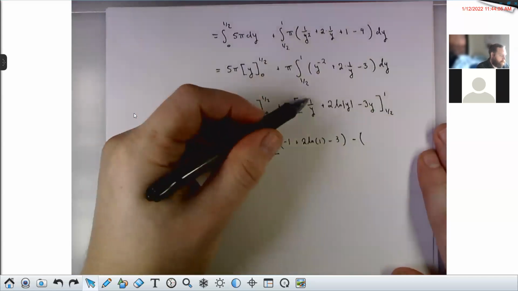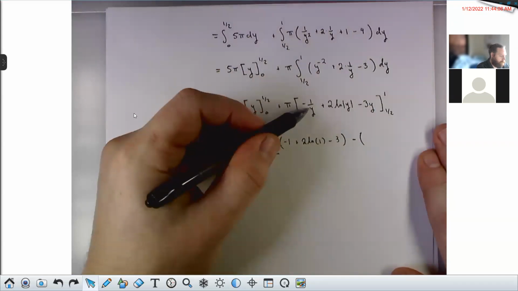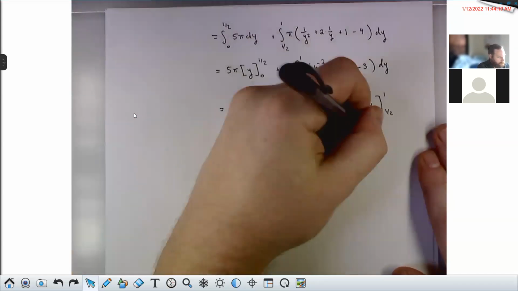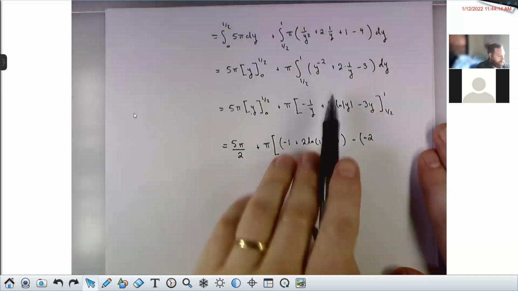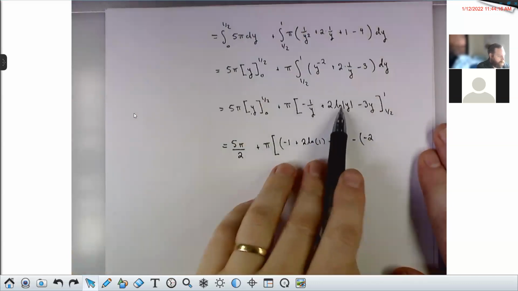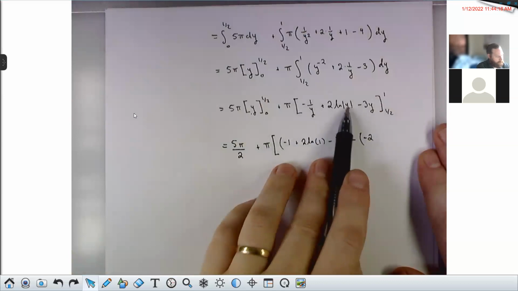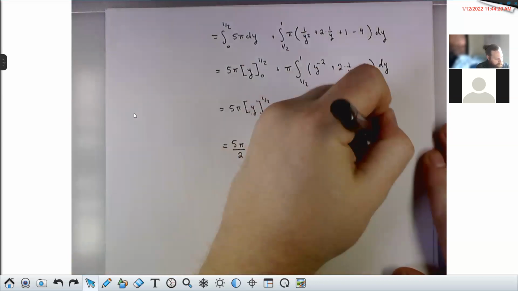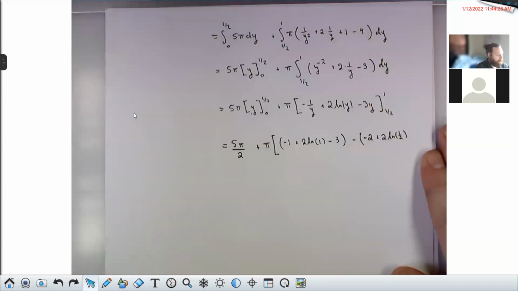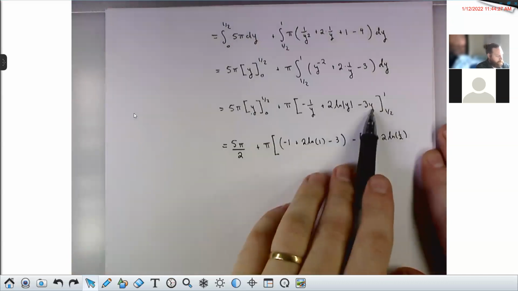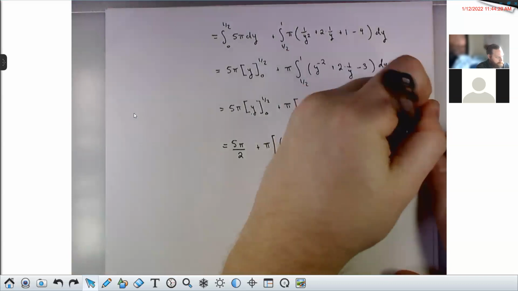Negative 1 divided by 1/2, that's negative 2. Two times the natural log of the absolute value of 1/2 is just 2 times the ln of 1/2. Minus 3 times 1/2 is minus 3/2.